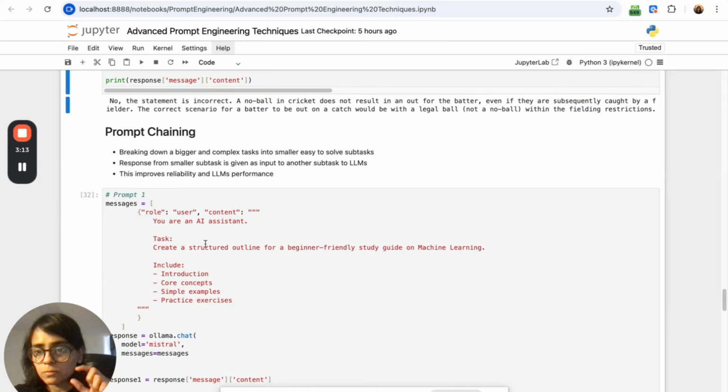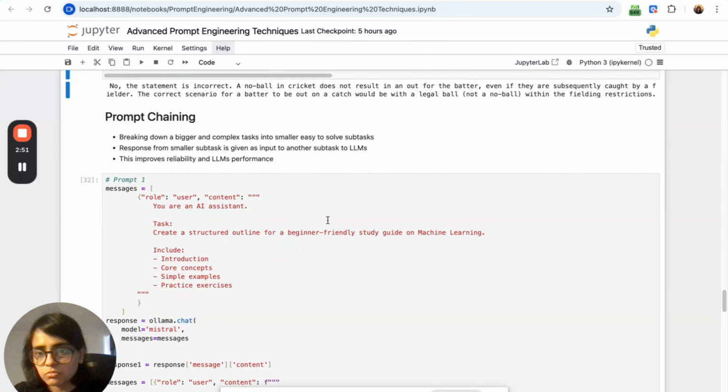So it's better that you break that bigger complex problem into smaller subtasks and give the LLM those subtasks to perform, and then take the response from one particular subtask, feed that as an input to the next subtask, and keep on continuing. So that is prompt chaining.